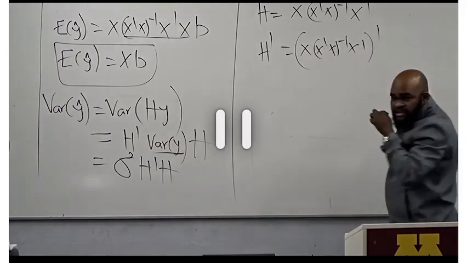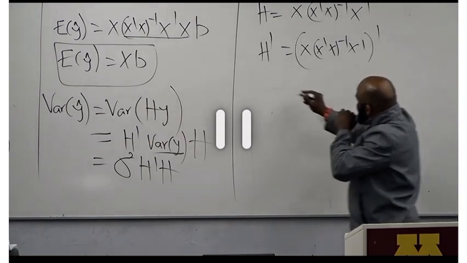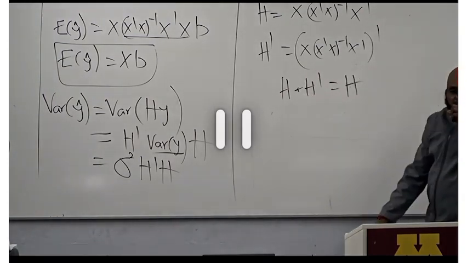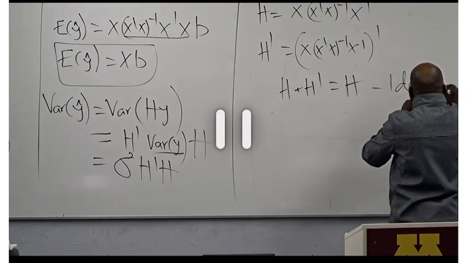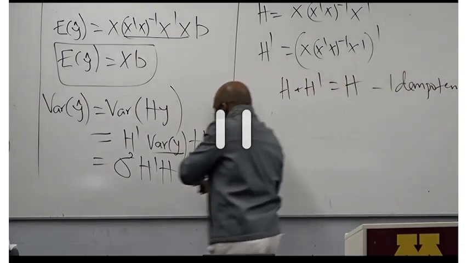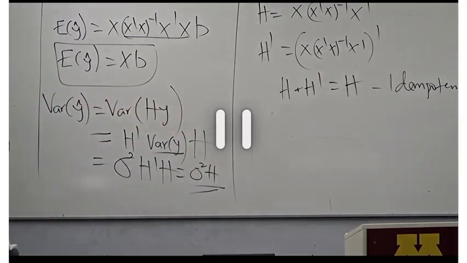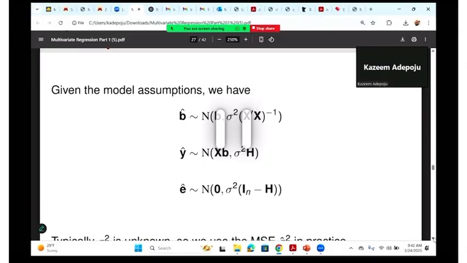Whatever you get there, if you use it to multiply H, you can investigate that. It's going to give you H. That's what we call idempotent. So here, you're going to have sigma squared H, which is this guy here. If you do the same for the error, you're actually going to derive that.